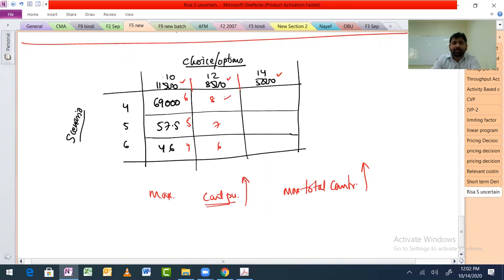So 8 sounds to be the best one, right? Looks like 8 is the best right now. But then multiply it: 8 into 8,500, because it is 8,500 units only.